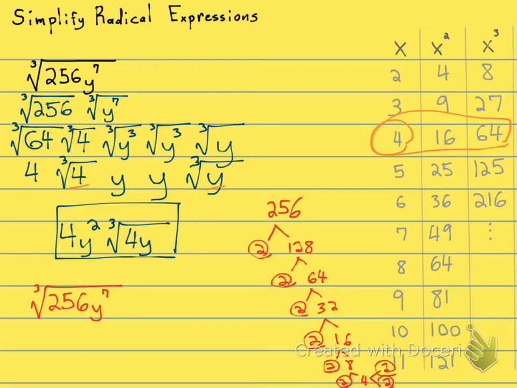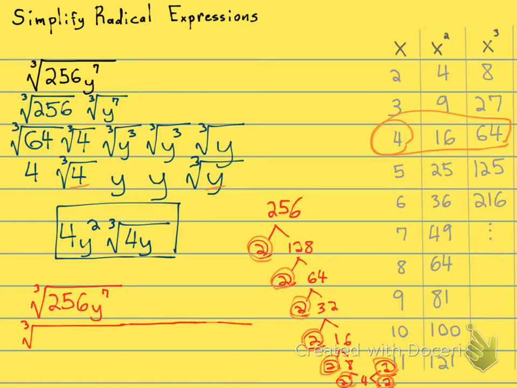So if I break this up into primes, 256 is, let's see, 1, 2, 3, 4, 5, 6, 7, 8. It's 8 2's. Okay, so let me rewrite it over here. So this is going to be the cubed root of, let me make some space. I know I'm going to need to write 8 2's.